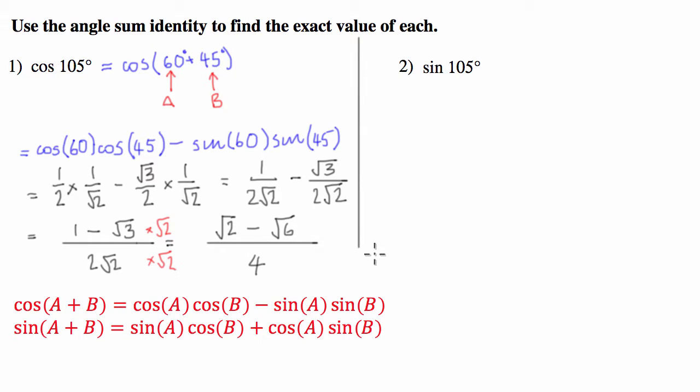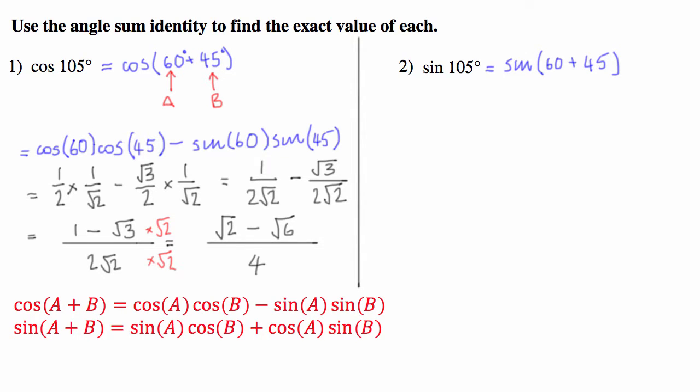Now, let me just separate these before we move on to the second one. So what we have here is the sine of 105 degrees. Again, we're going to split this, like we did for the previous one, into the sine of 60 degrees plus 45 degrees.